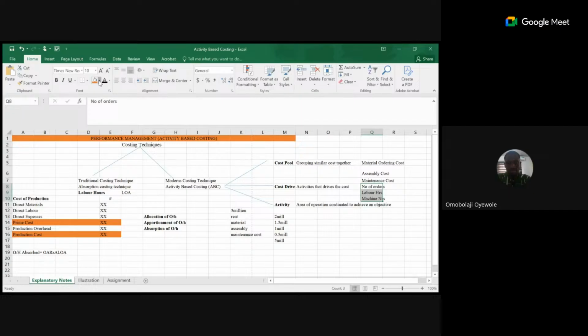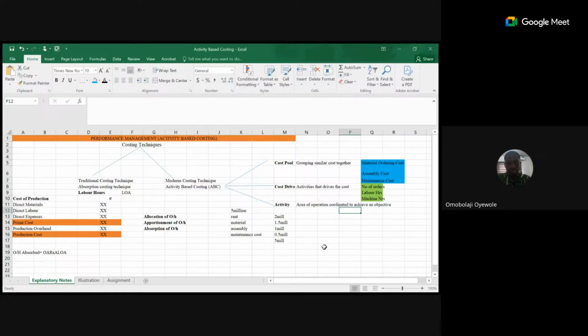So for examination purposes, it's very important that we understand our cost pool and our cost driver. It's very, very important, because when we are calculating activity-based costing, what will we be interested in majorly? Our cost pool.